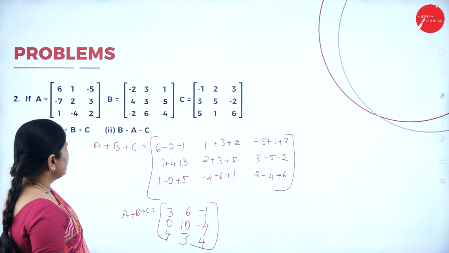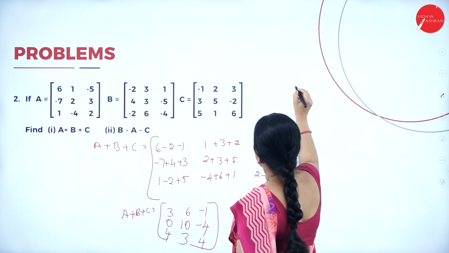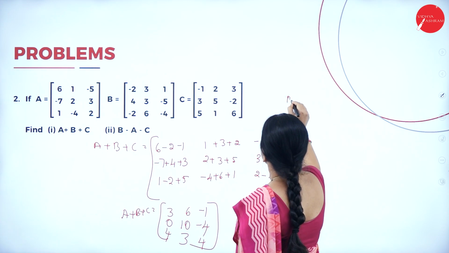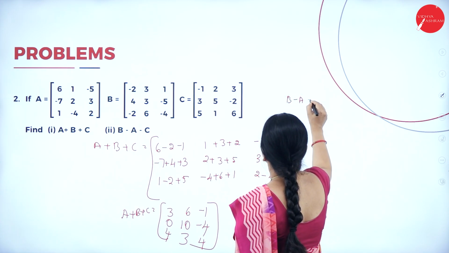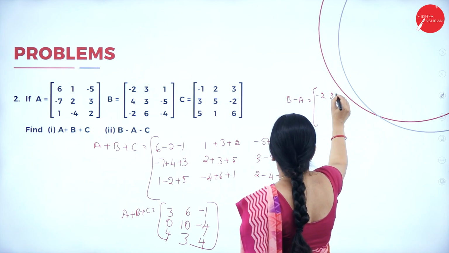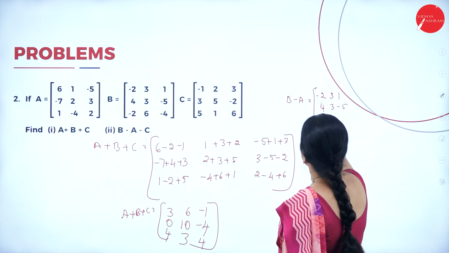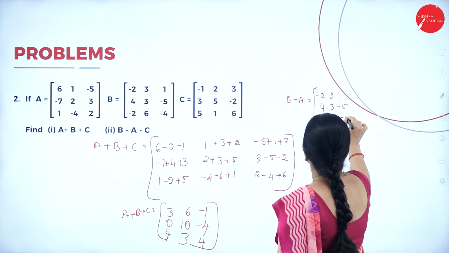Now we need to find out B minus A minus C. Now we write B minus A will be equal to minus 2, 3, 1, 4, 3, minus 5, minus 2, 6, minus 4.